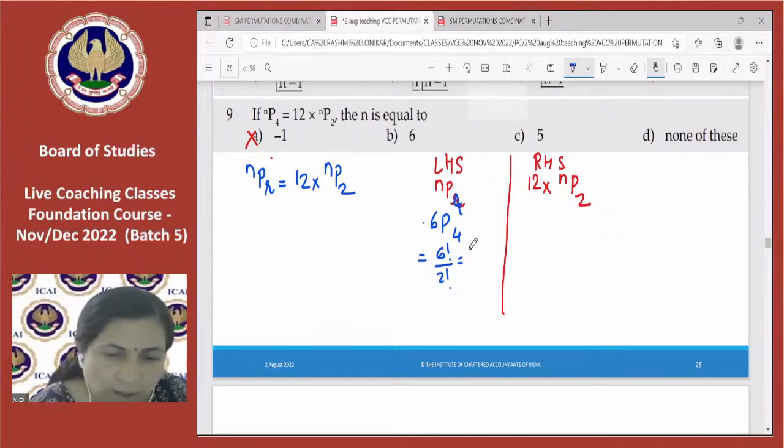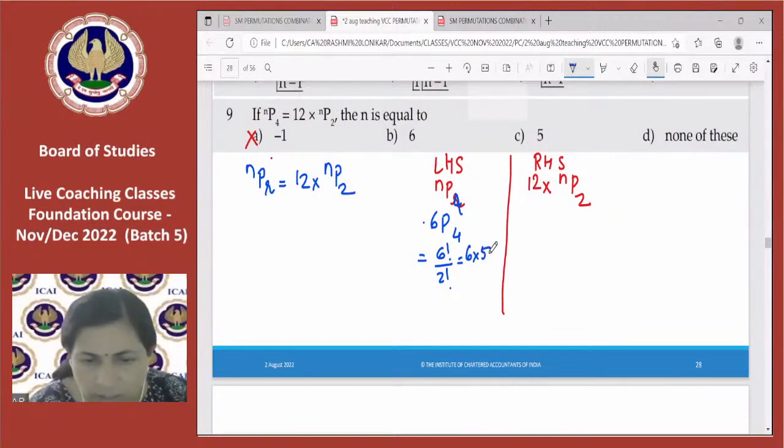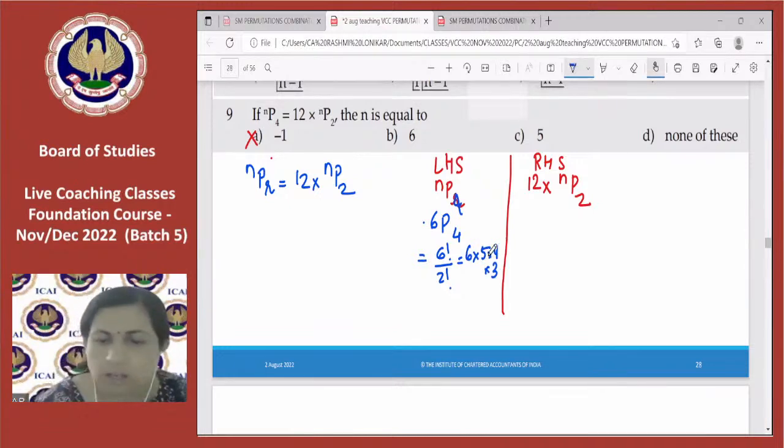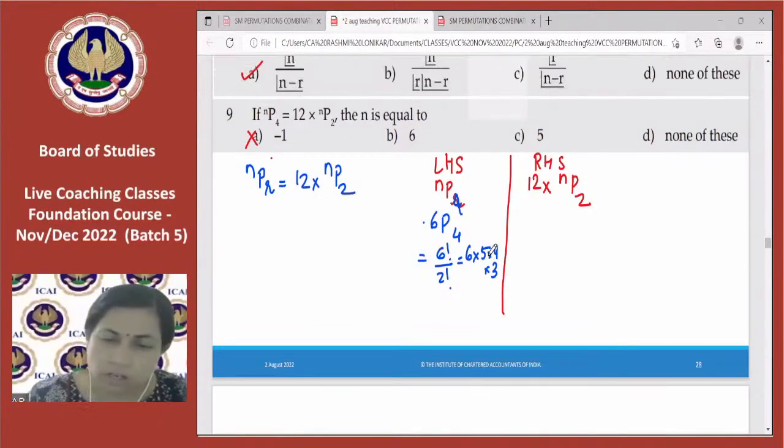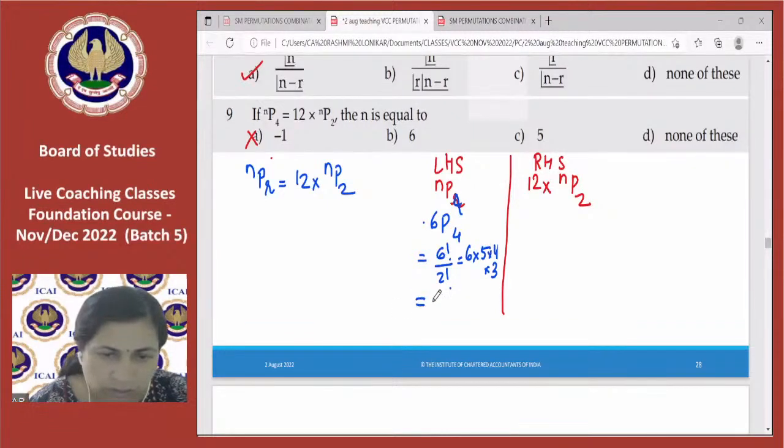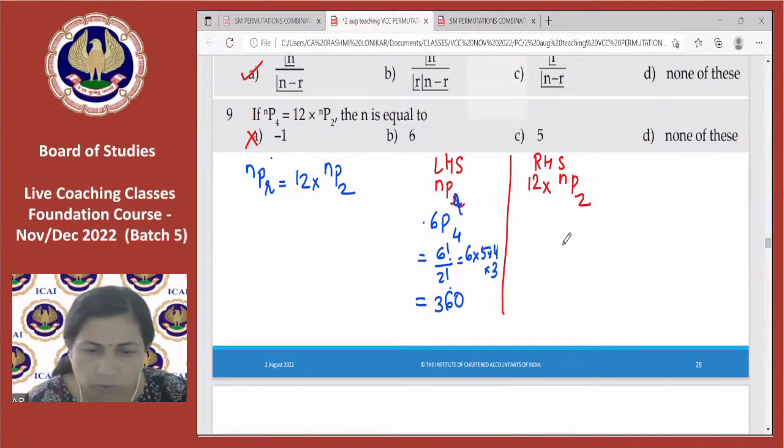So I have 6 into 5 into 4 into 3. So how much is this? 6 into 5 into 4 into 3 is 360. 6 into 5 into 4, that is 120, into 3, right?